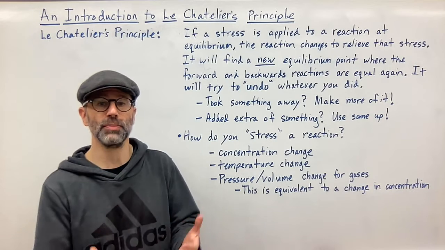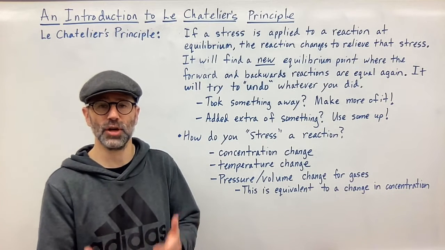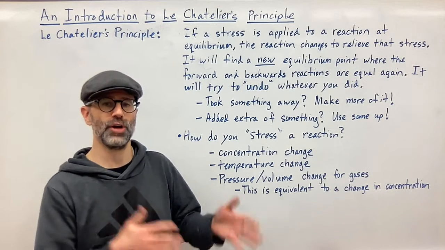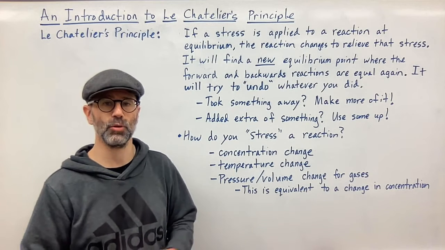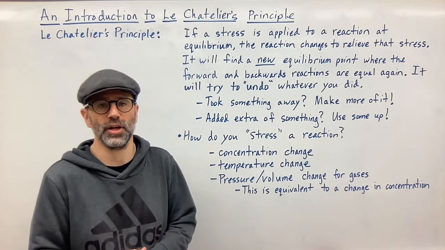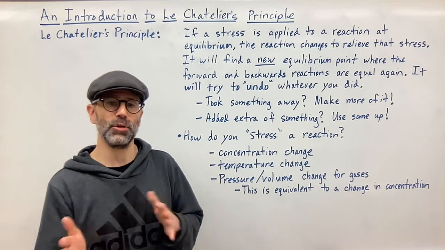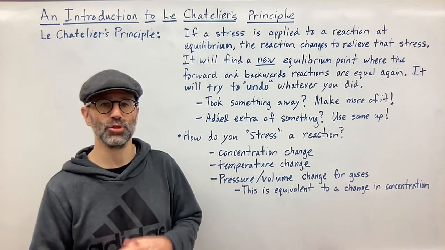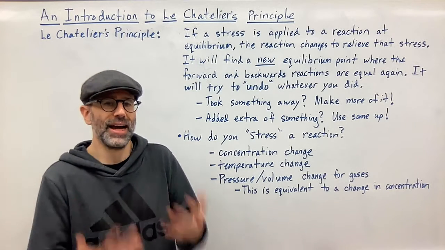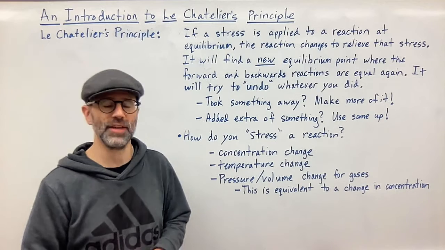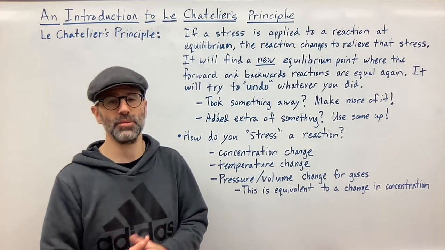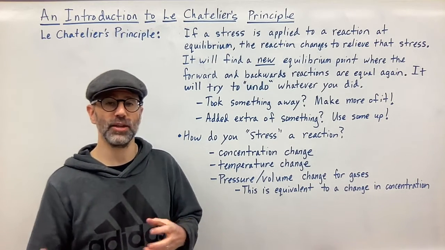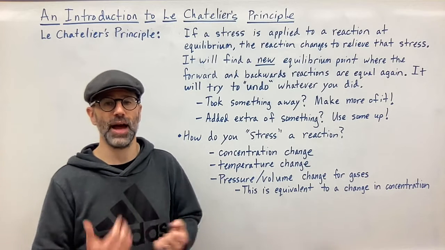So if we do something to the reaction that disrupts its equilibrium, it will then relieve that stress in order to try to get back to that equilibrium. It will find a new equilibrium point where the forward and backwards reactions are now equal again. And so it will try to undo what I did to the system. So, for example, if I add something to the system, the reaction will then use some of that up.